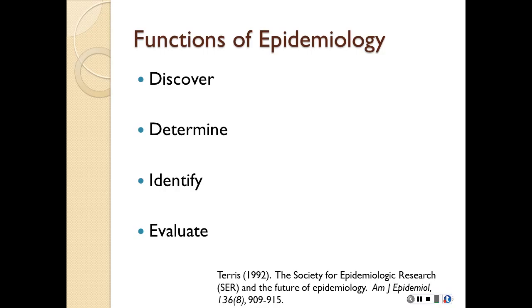So if we determine that a whole bunch more people are getting sick from disease A than disease B, we can use that information to establish our priorities, both for research and for health promotion and prevention activities, right? We use it to identify sections of the population that have the greatest risk from a specific cause of illness.